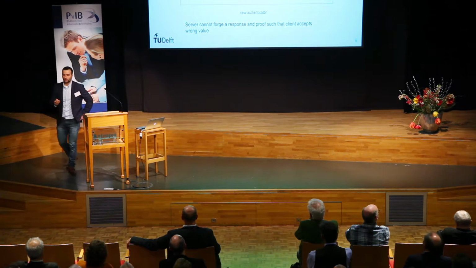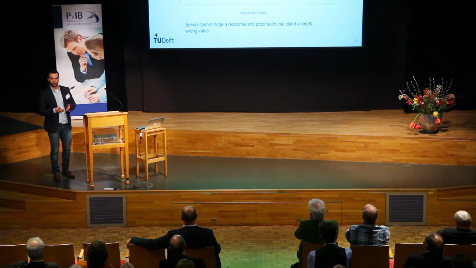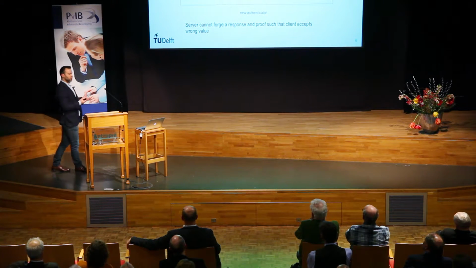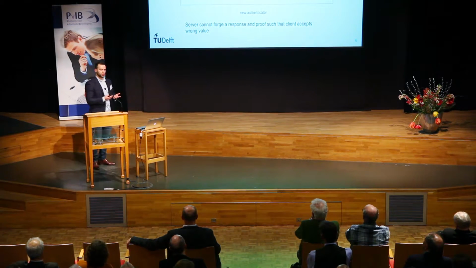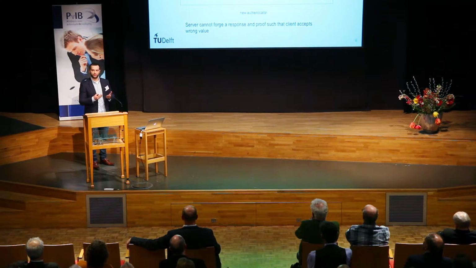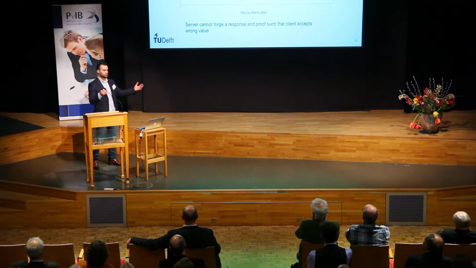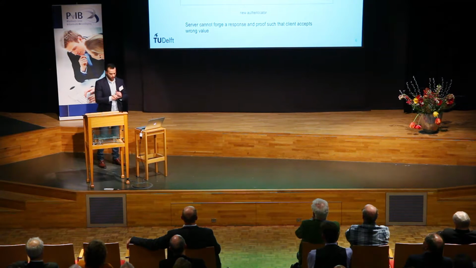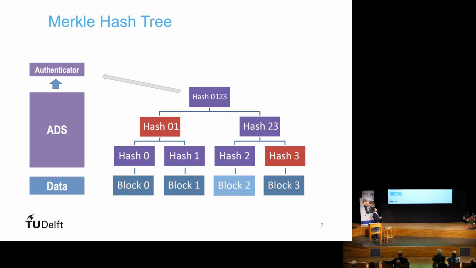I can imagine that you are dealing with a huge amount of data, in the order of terabytes, petabytes. Computing an authenticator and the verification procedure should be really, really efficient, regardless of the size of the data. How would you do that? The basic approach is using authenticated data structures.